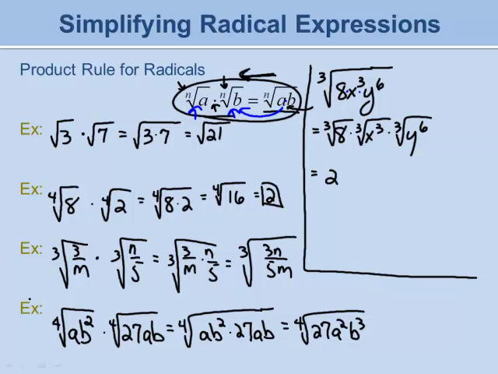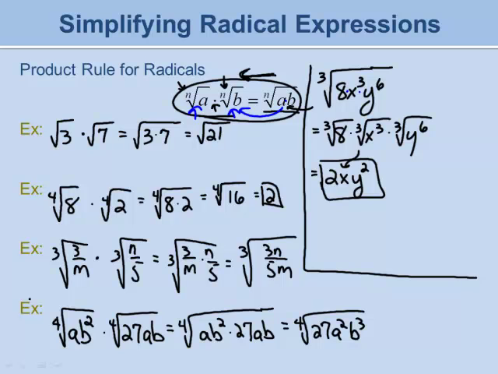The cube root of x cubed is simply x, because x times x times x is x cubed. And the cube root of y to the 6th, what value multiplied by itself 3 times gives us y to the 6th, is y squared, because y squared cubed is y to the 6th. So by splitting that particular radical term out, that allows us to simplify down to an answer without radicals.